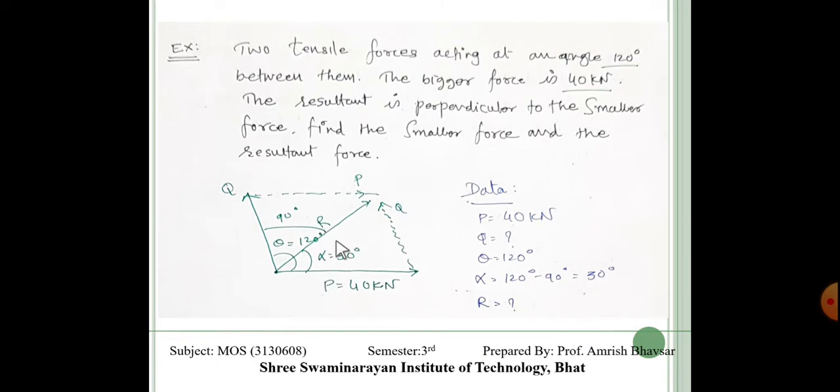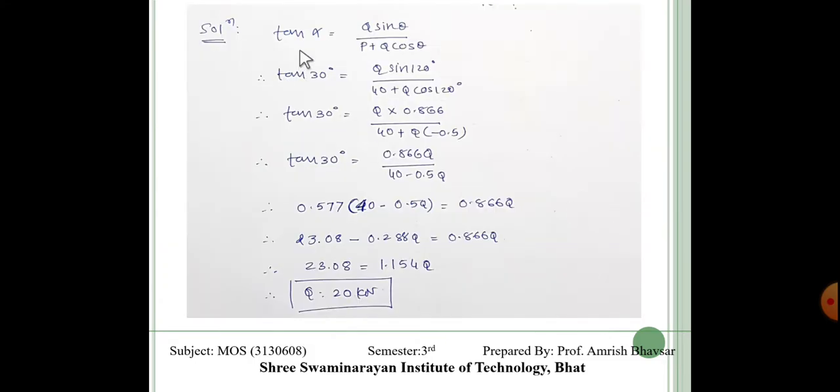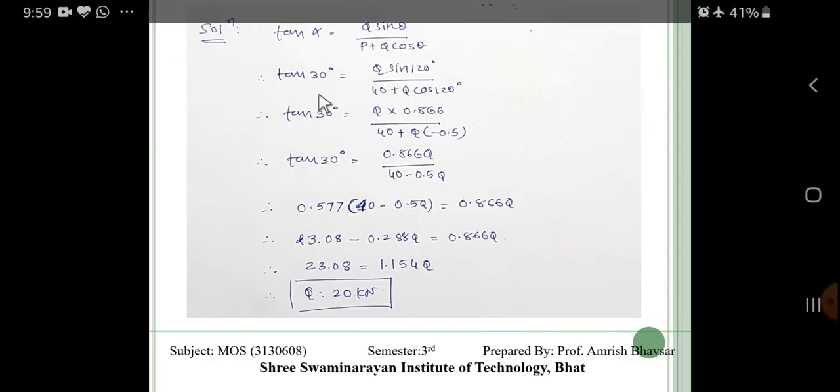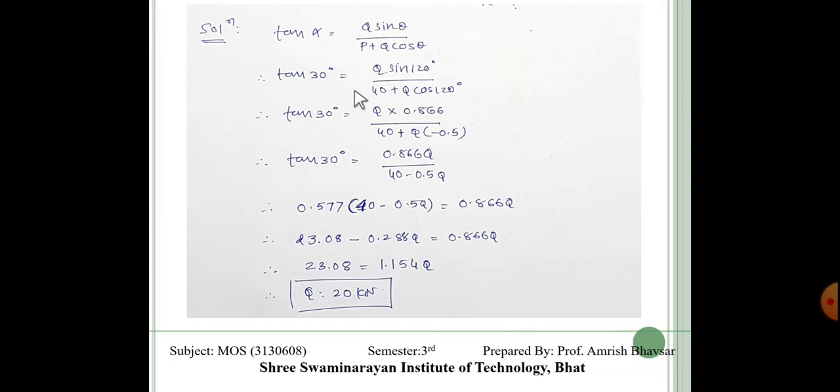What is alpha? It is the direction of the resultant with respect to P. Now we have alpha, we have theta, we have P. Again we have two unknowns, Q and R. We have two equations and two unknowns over here. From the equation, tan alpha is equal to Q sin theta upon P plus Q cos theta. So tan 30 is equal to Q sin theta upon P plus Q cos theta, P is equal to 40.